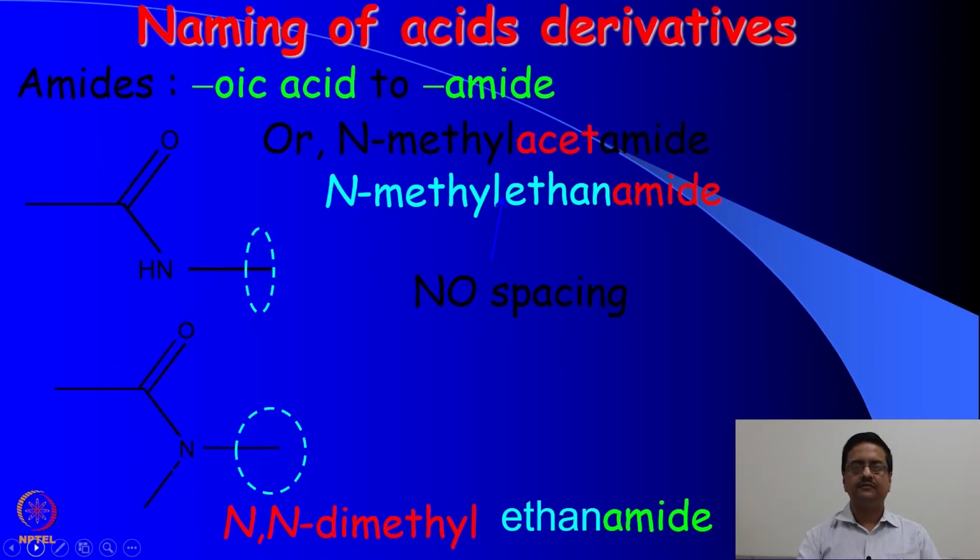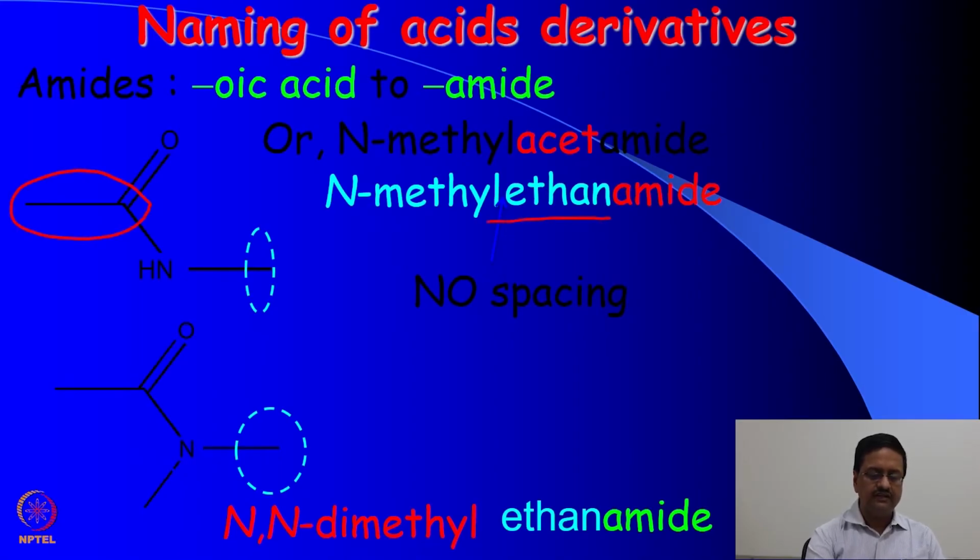The next type of acid derivative is the amide, which is also originated from benzoic acid or any organic acid. So, with oic acid getting converted to amide, we write the name as amide. Here in the first example, once again it is originated from ethanoic acid. So, we write it as ethanamide, and it depends what group is here.